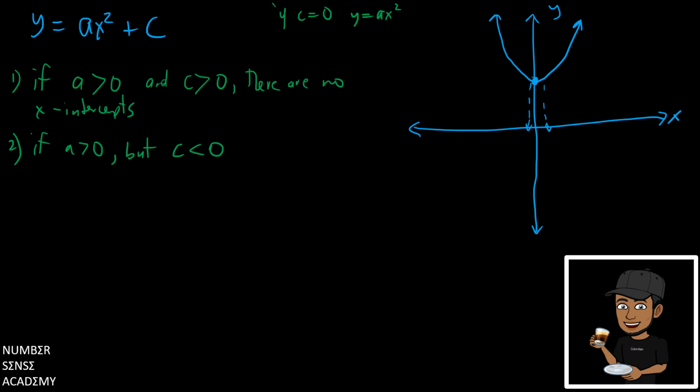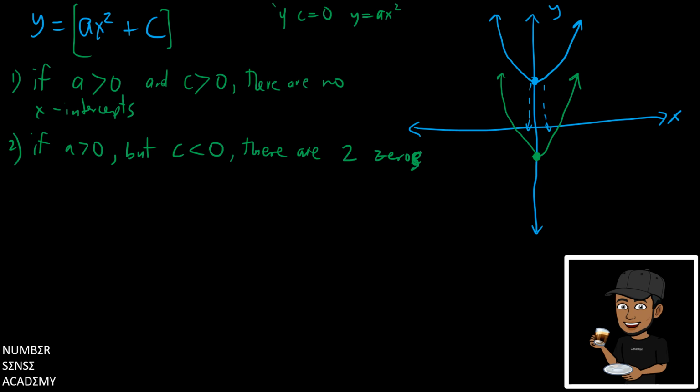But if c is less than 0, that means I have a y-intercept that's below the x-axis. So it's opening upwards. So for this special case, if a is greater than 0, but c is less than 0, then there are two zeros, or two x-intercepts.